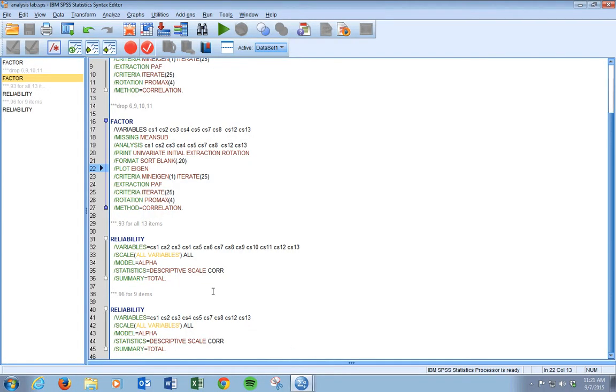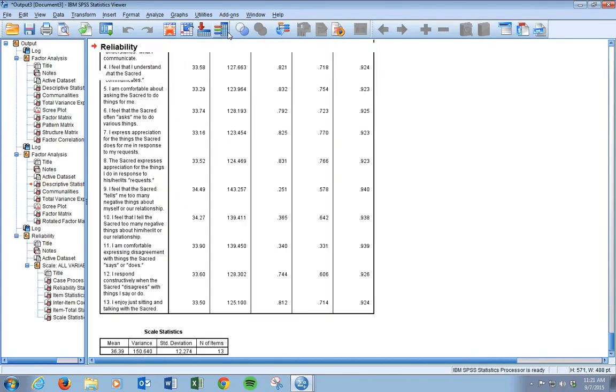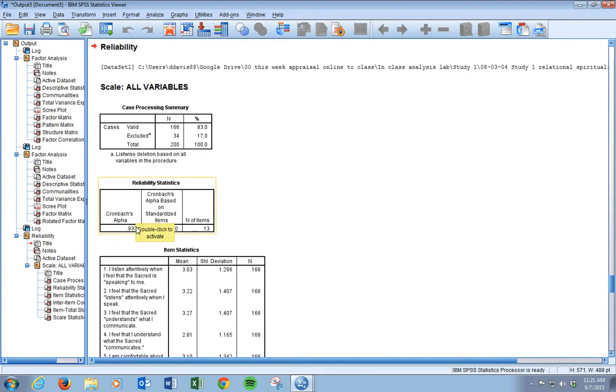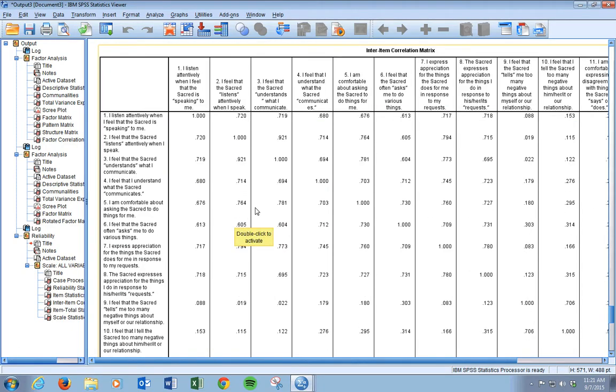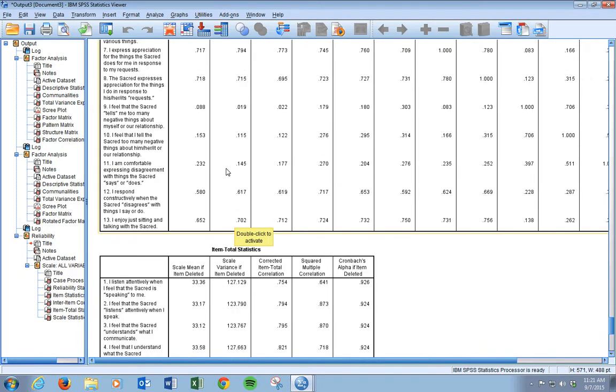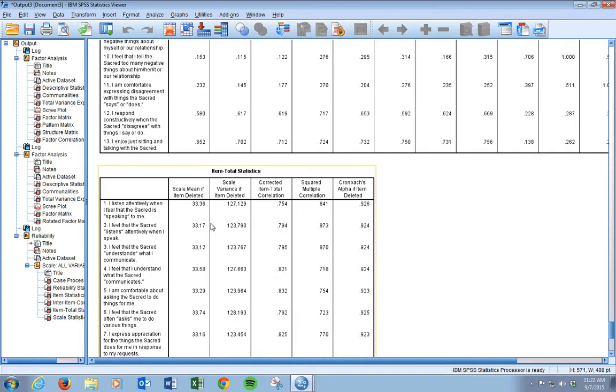So initially, the alpha was 0.93, and if we had kept this item, we would have probably reverse coded it, but we didn't keep that one.